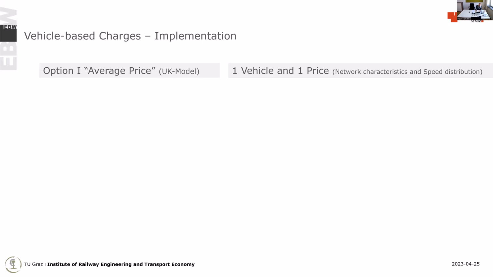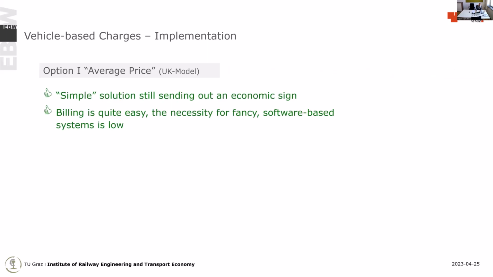So we would use the network characteristic in terms of curves and the speed distribution for every vehicle, and we would end up with one price per vehicle. This is still a simple solution, and you send out an economic sign to the train operating companies. You remember that, send out an economic sign for rational decision making.